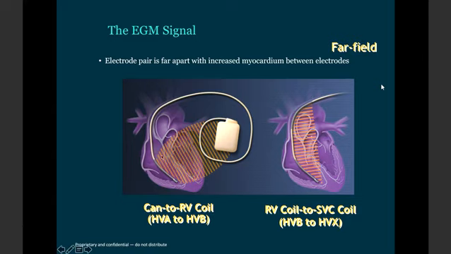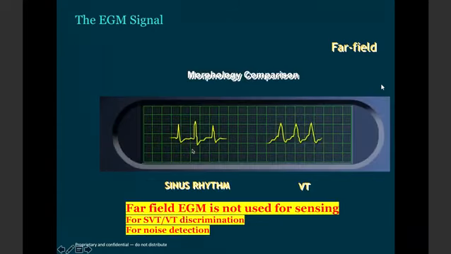If an electrogram is generated by using these two poles, the CAN as a pole and the RV defibrillator coil as a pole, you get wider information, and that is why you use the term far field electrogram. Interestingly, if the far field electrogram in sinus rhythm is like this, look at the far field electrogram during ventricular tachycardia. It is distinctly different. It is very, very broad. You can see this broad, and the sinus rhythm is relatively narrow.